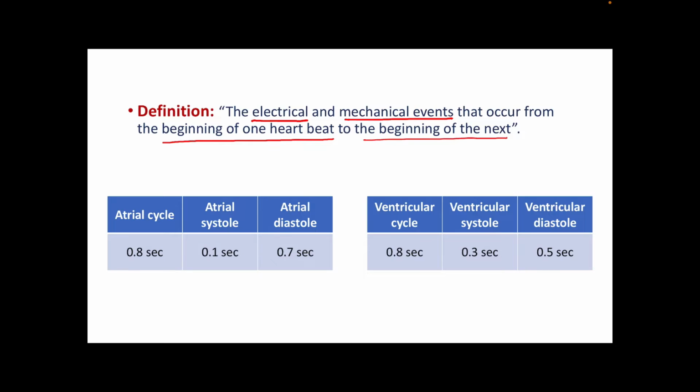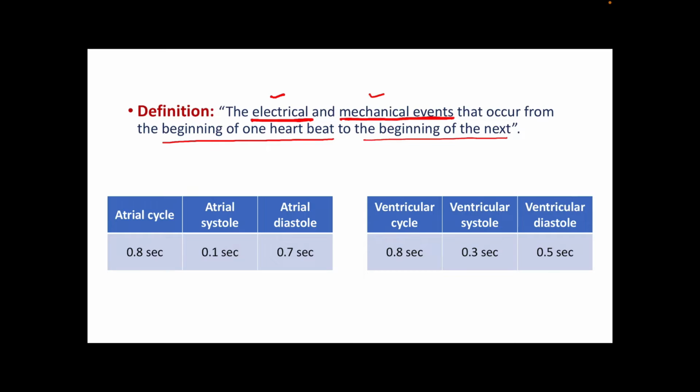Now here in between the two heartbeats there are electrical and mechanical events. So electrical events, they are related to the action potential, that is depolarization, repolarization, and in mechanical events these are the contraction and relaxation of the cardiac muscles.